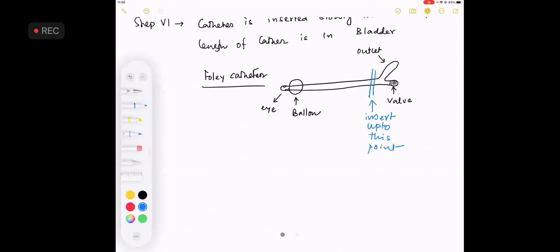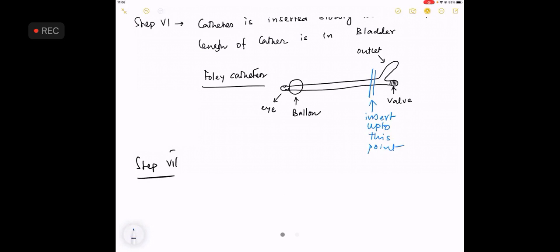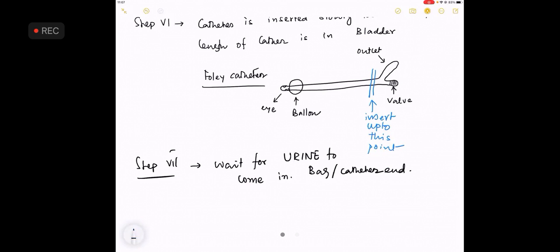The step 7, wait for urine to come in the back or catheter end. In this one, some people say to attach a urobag at this step.